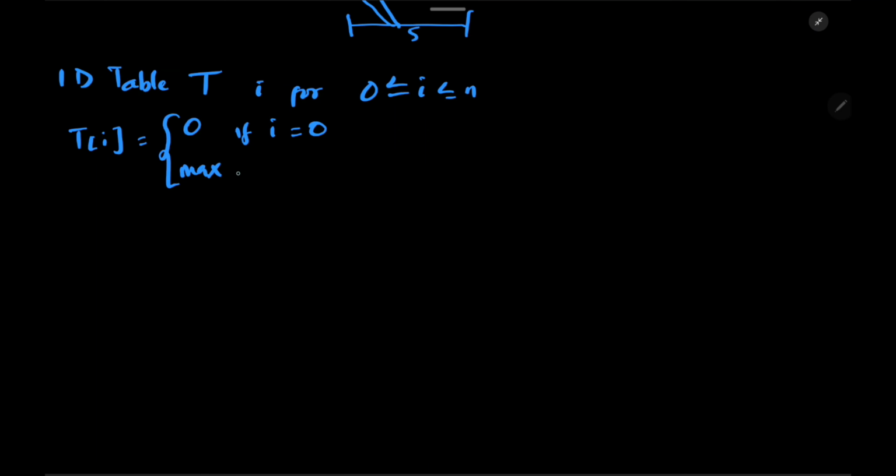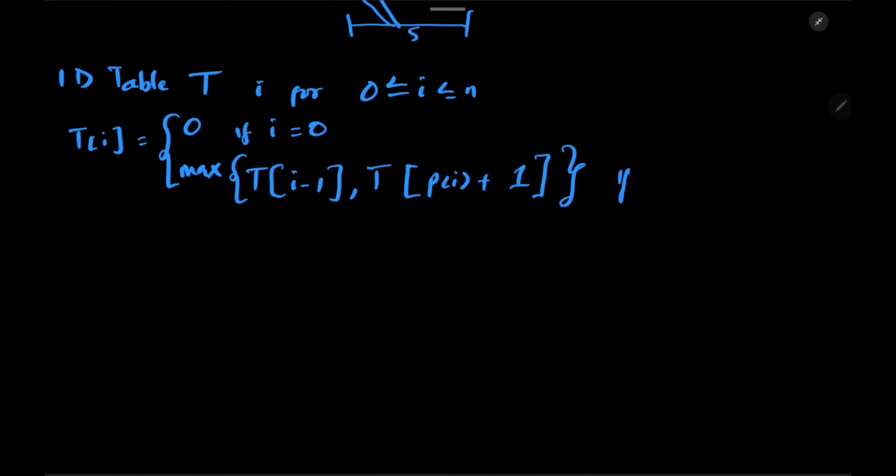But the formula for the substructure, as we had defined before, now we are going to be using T because we are now working with the table. So the formula for the substructure would be T(I) equals the maximum of the two options, if I is greater than or equal to 1.